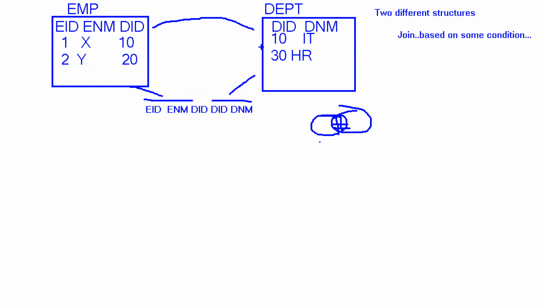I want to bring the data like this: 1, X, 10, 10, IT. This is an exact condition match. This is what is matching, right? So this is the join condition. What is the join condition? Employee department ID equal to department ID.